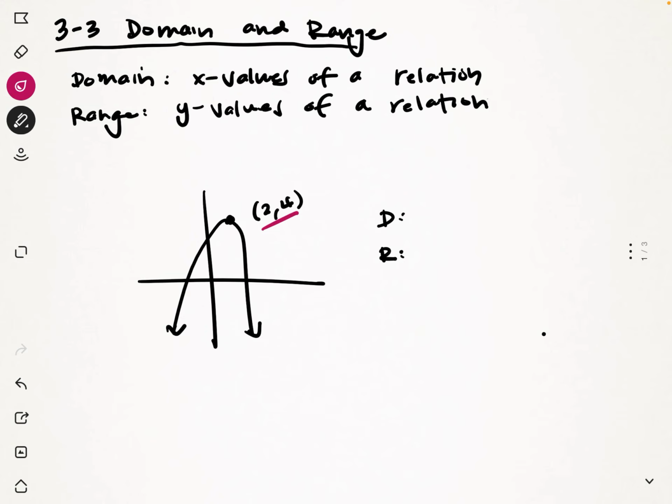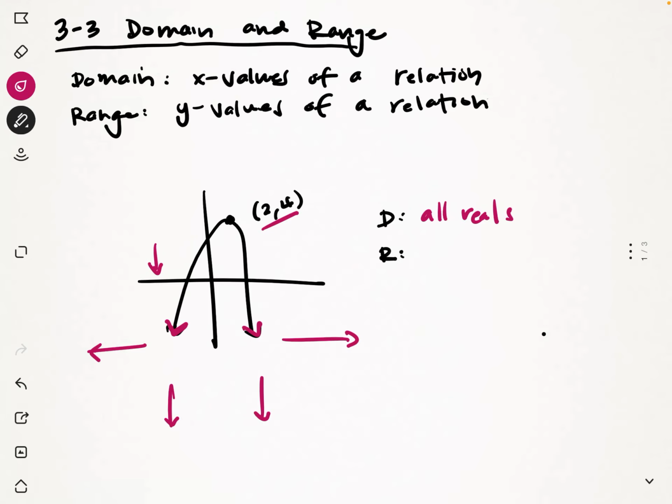The domain, notice that these arrows go this way and this way, meaning that they go this way forever and they go down forever. So the domain for any parabola is going to be all real numbers. But our range is going to be either, if it's opening downward like this one is, we're going to have a maximum value.